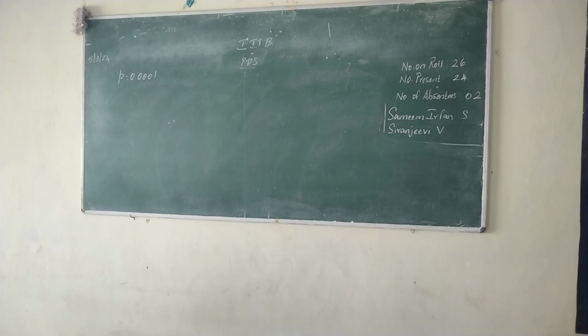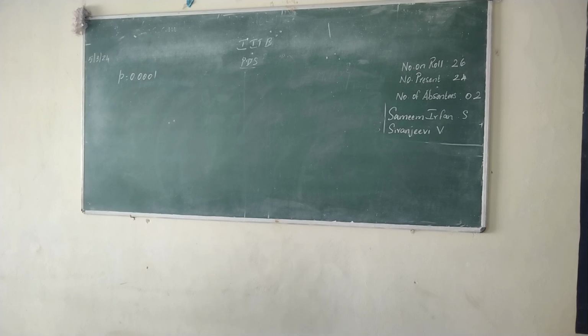What is the first step? You have to decide the random variable. What are we going to discuss? The number of accidents.